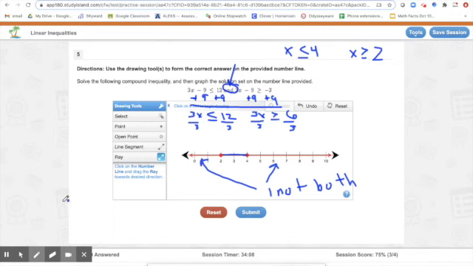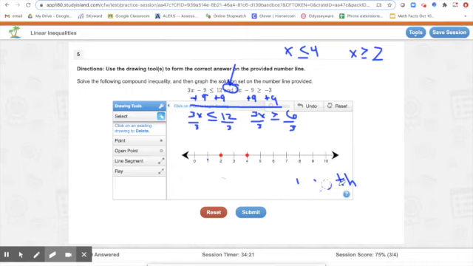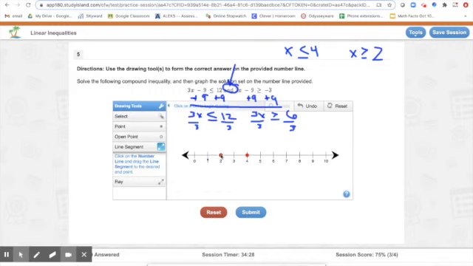So I need to get rid of both of these rays here. Let me delete that one and delete that one. And what I need to do is shade in between those 2 points. So I'm just going to use this segment tool here. I'm going to go in between the 2 and the 4.